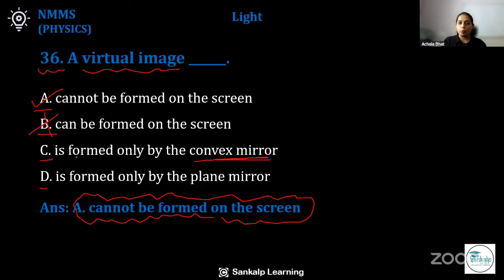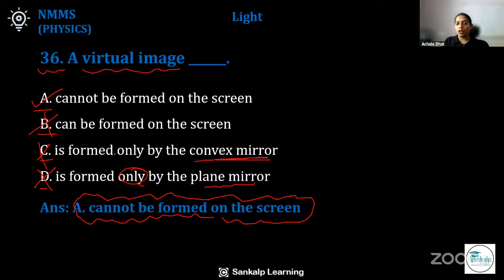Virtual image formed by convex mirror, correct, but not only by the convex mirror. Plane mirror also forms virtual images. So C is wrong. Similarly D, virtual image is formed only by the plane mirror. Plane mirror is correct, but only by the plane mirror, this 'only' makes it wrong. Therefore, D is wrong. The correct option is option A.